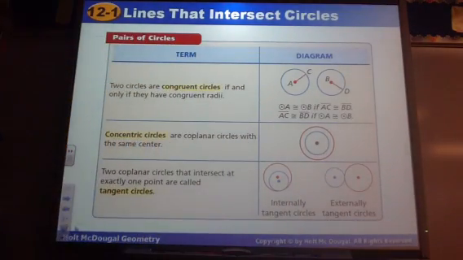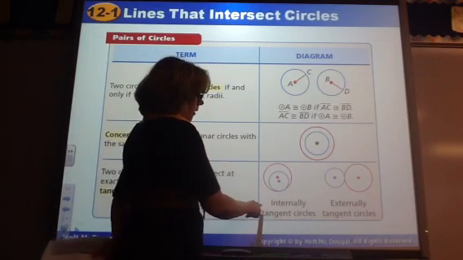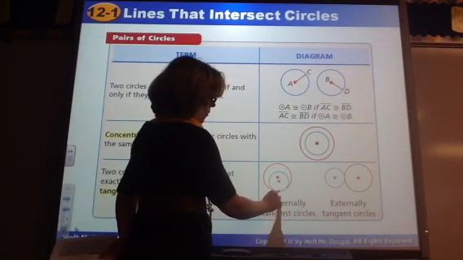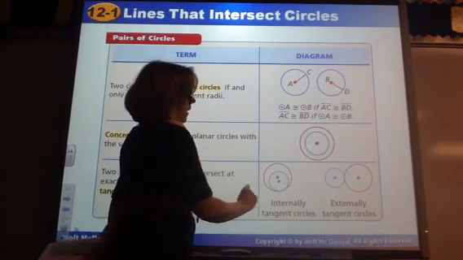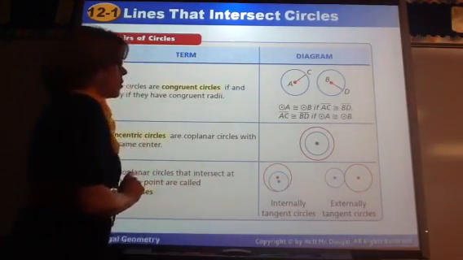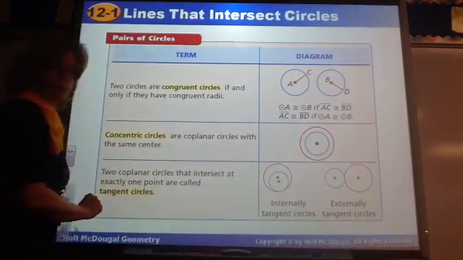And tangent circles are two coplanar circles that intersect at exactly 1 point, and they're called tangent, okay? These are internally tangent circles because you have one inside the other, and they intersect right here at this point. And then these are two externally tangent circles because they're on the outside of each other and they intersect right there at that 1 point.